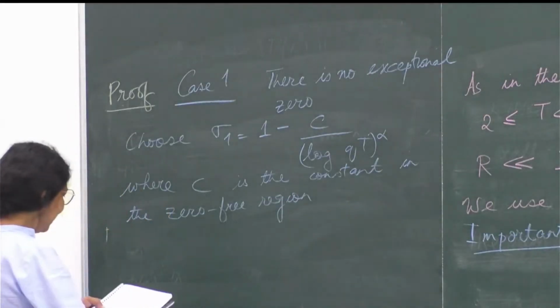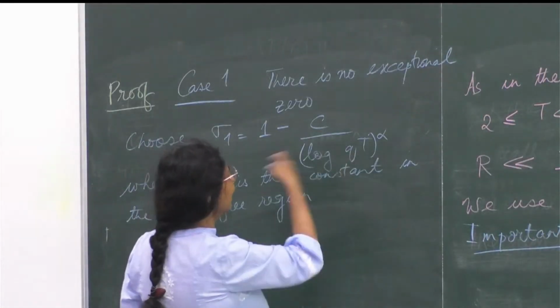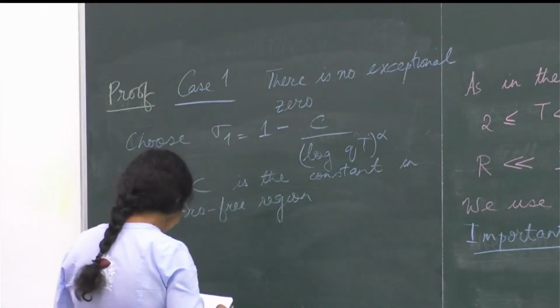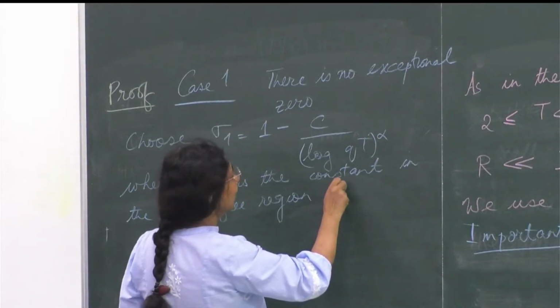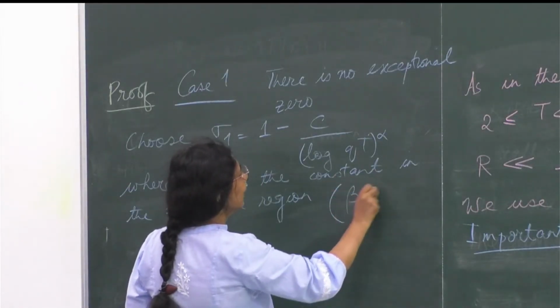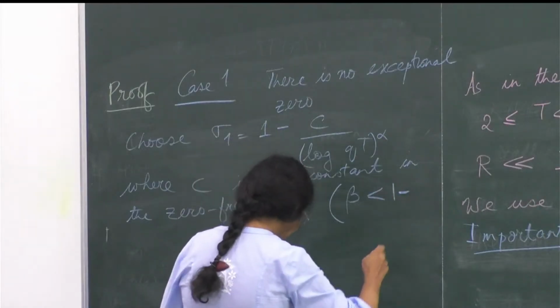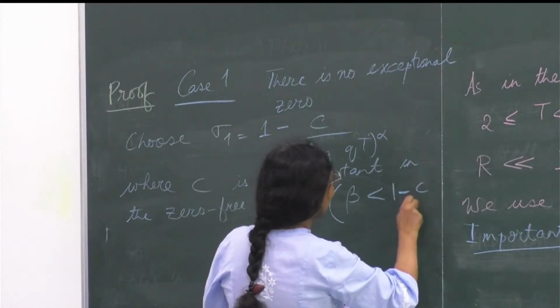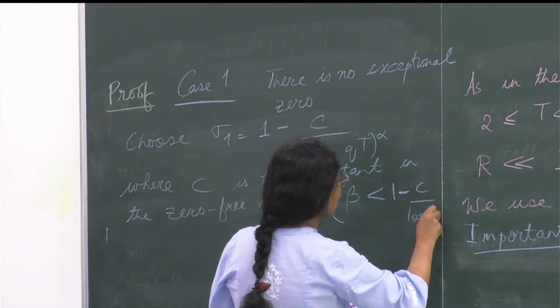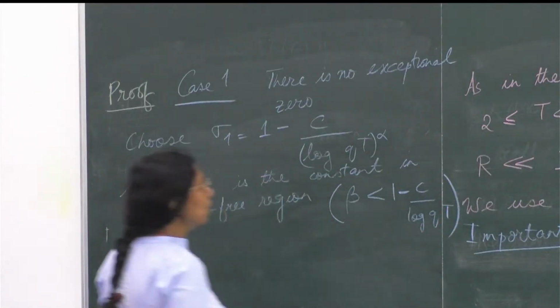We studied this yesterday, that there exists a constant such that beta is less than 1 minus C upon log qt.